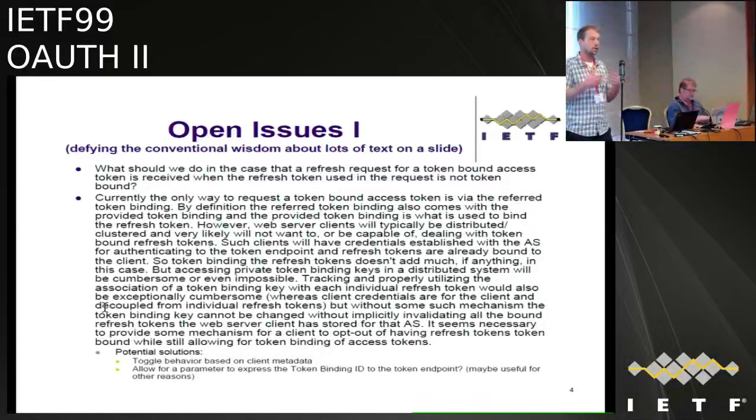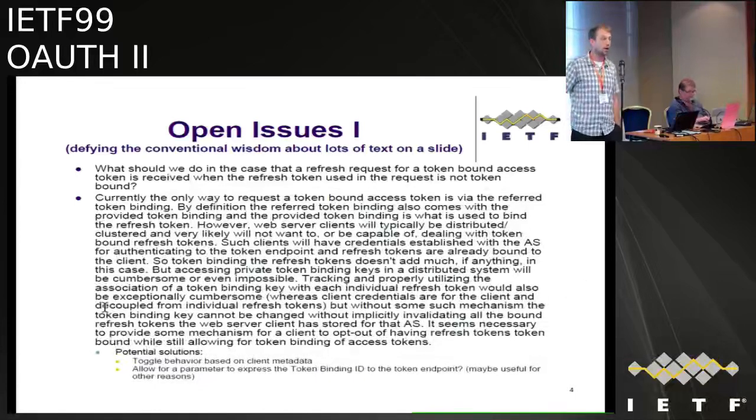Adapting those APIs to also securely store private keys and share them with the entire set of your clustered applications is not going to happen. I think there will be a small subset of implementations that could figure out how to do it. They will be in the vast minority, and I think if we don't address this problem, it will severely hinder the adoption of token binding in this context.